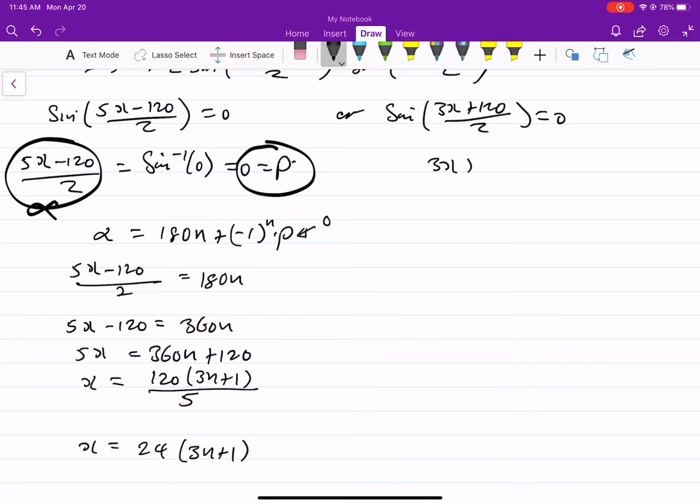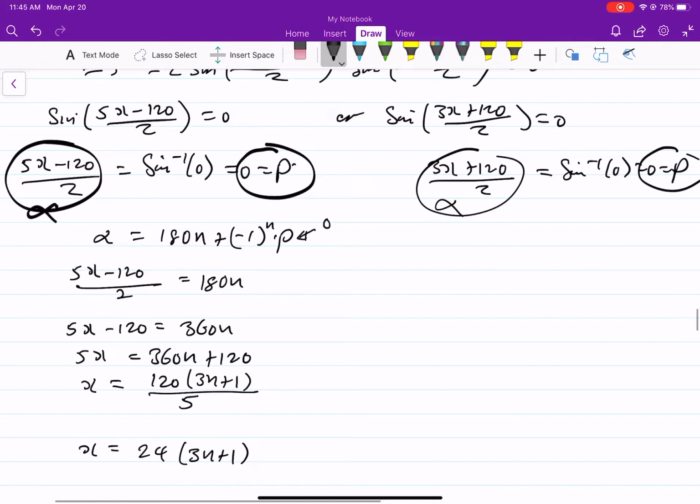3x plus 120 upon 2 is equal to sine inverse of 0, which is 0, which is my principal angle. This is my alpha. The general solution is alpha is equal to nπ plus minus 1 to the n times p. P happens to be 0.